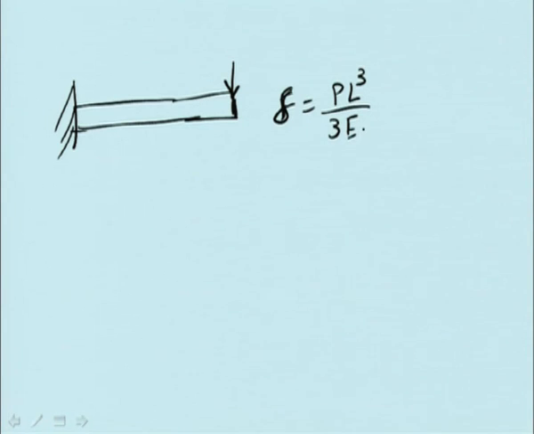This is known from strength of materials. You can also find it experimentally: take a cantilever beam, apply some force, measure its deflection, and plot P versus delta, where P is the force. The slope of this, dP by d delta, gives you the stiffness. Therefore as the length increases, its stiffness decreases.